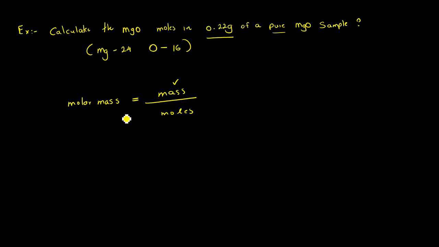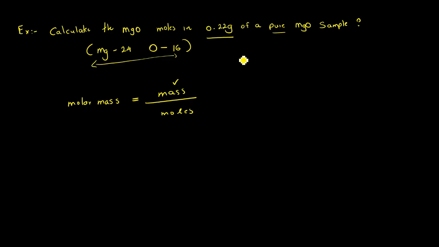To calculate the molar mass, you can use the small details given in the question. Oh sorry, these are not atomic numbers, they are mass numbers. The mass number of magnesium is 24 and the mass number of oxygen is 16.